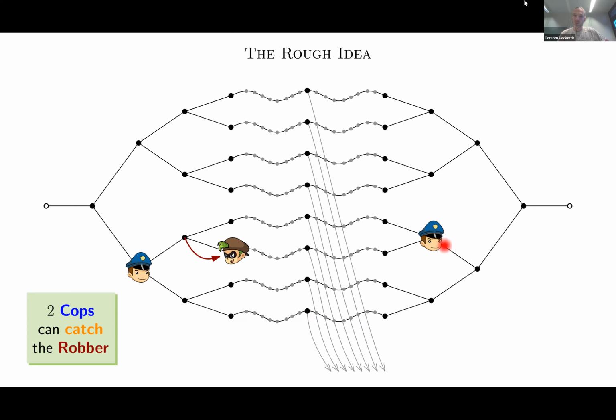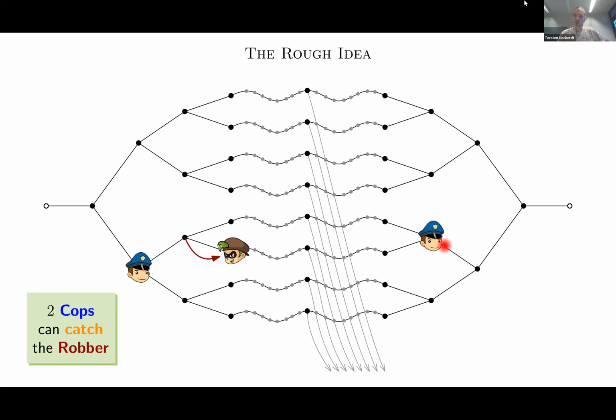At some point, the robber reaches the exit, but with just a delay of 1, this other cop will be at the same vertex and catch him, just before it's again the robber's turn that lets him escape. Okay. So assuming the starting configuration, 2 cops are enough to capture the robber here.